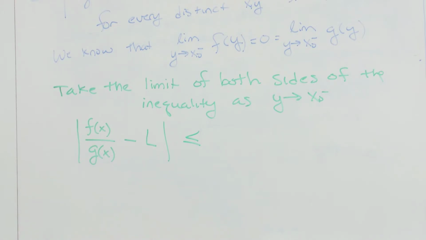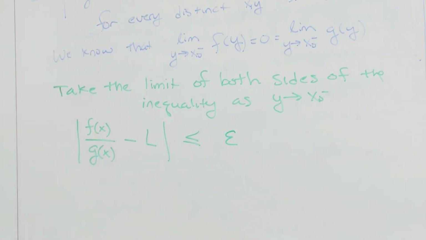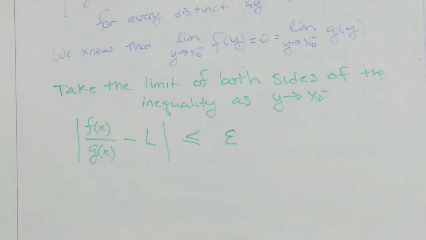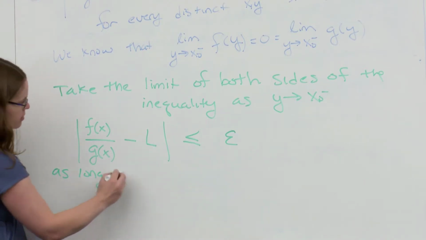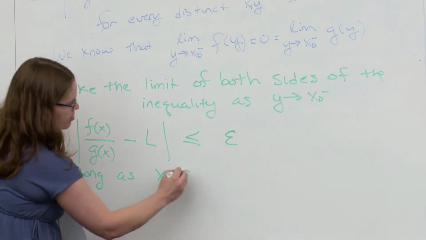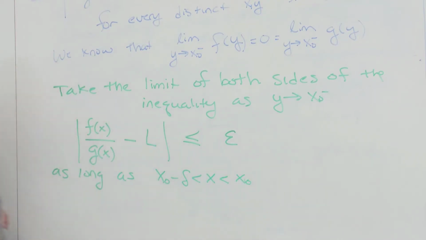It doesn't depend on y at all, so it's just going to continue to be epsilon. And this is always going to hold as long as x lives within this little delta window.